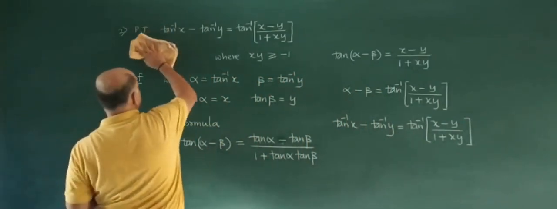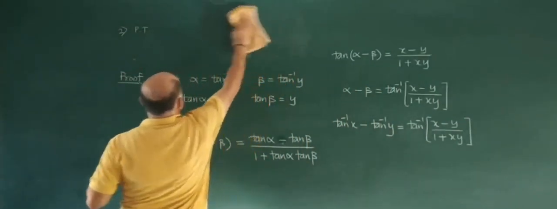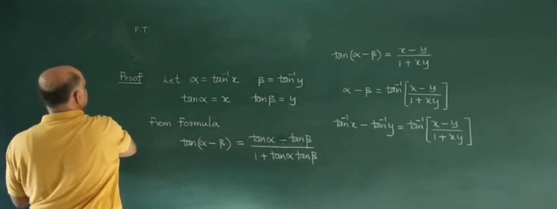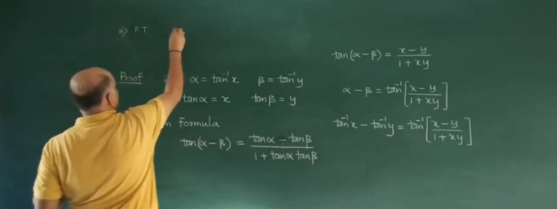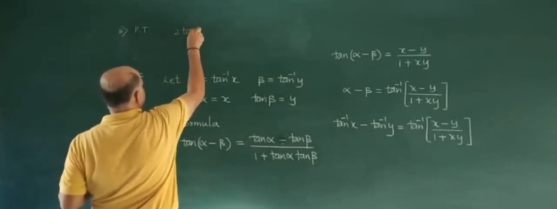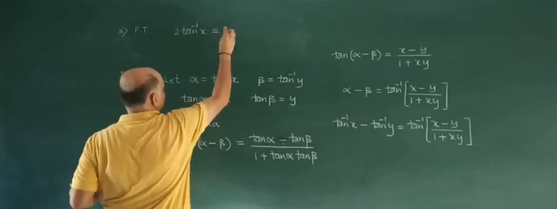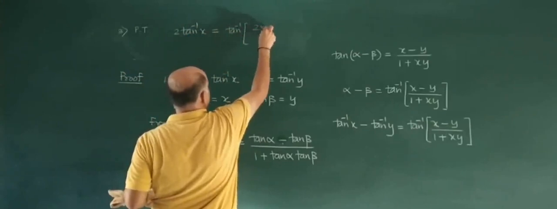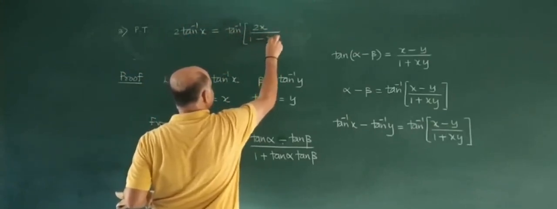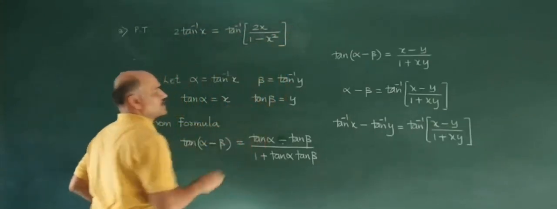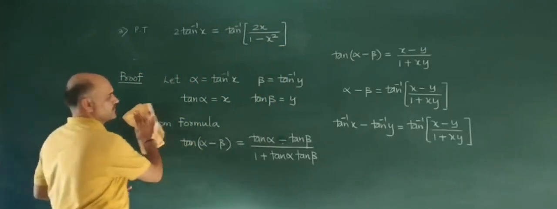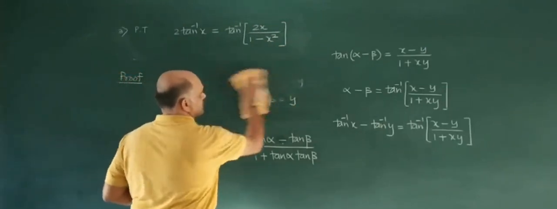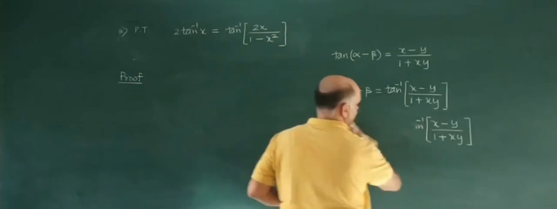Then third one, prove that 2 tan inverse x is equal to tan inverse of 2x divided by 1 minus x square.